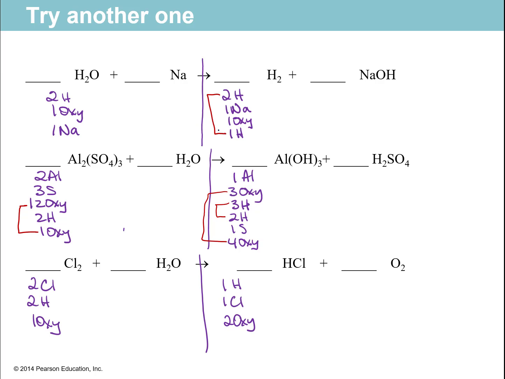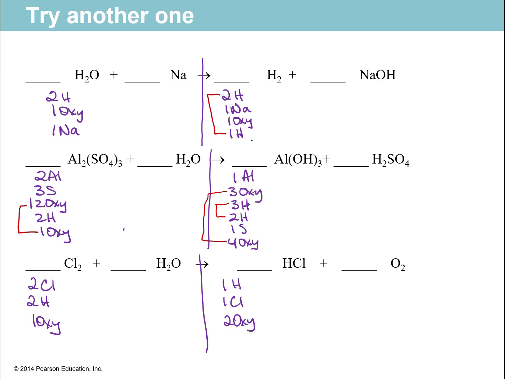If I change the 2, it's still going to give me an odd number, right? Because it would be like 4 plus 1 would be 5, or 6 plus 1 would be 7. But if I can change that 1 here, if I can change this hydrogen and make it an even number, then I know I can balance like 2 with 4 or 2 with 6. So they have to be even though.